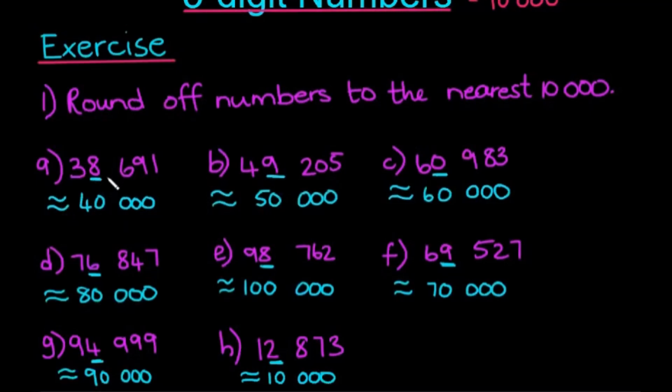C, we are at a 0, which means we are less than 5, so it remains at 60,000. D, we have 76,847. Our 1,000 is 6, which is greater than 5, which gives us the rounded up answer of 80,000.